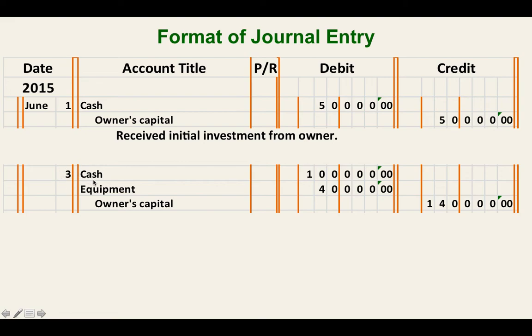In this case, the transaction is debit cash, debit equipment, and credit owner's capital. So cash of 100,000, equipment of 40,000, owner's capital credit of 140,000. Take note that the debit is 140,000, the credit is 140,000. And write the explanation: received additional investment from owner.